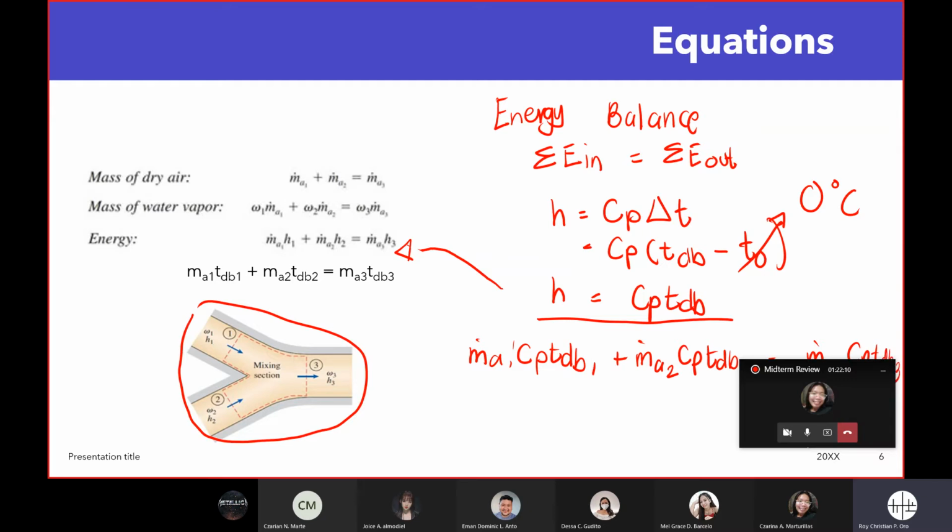Although the specific heat varies according to the temperature, we will consider it equal, which is why we can just cancel. So cancel, cancel, and cancel. This will leave us with the equation Ma1 TdB1 plus Ma2 TdB2 equals Ma3 TdB3, which is this equation.